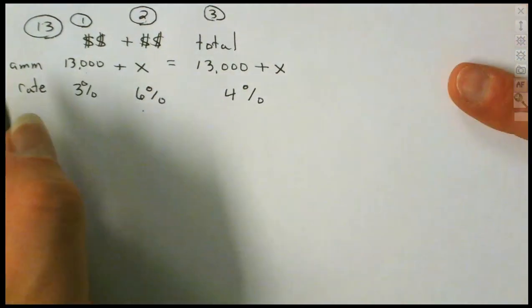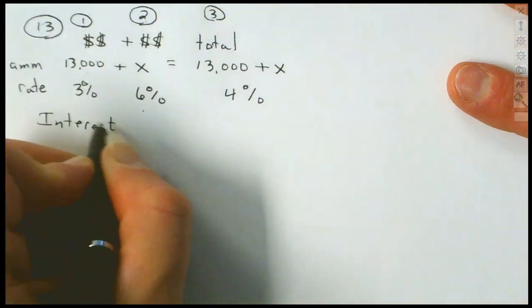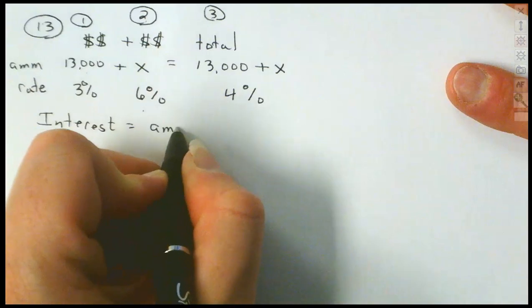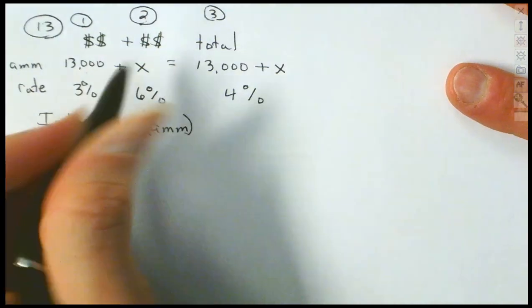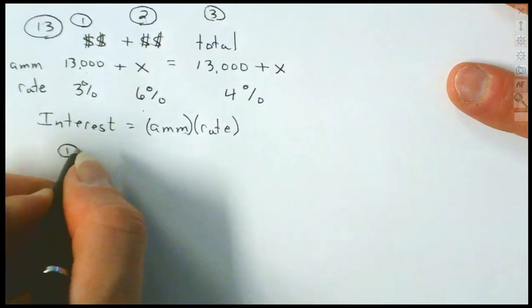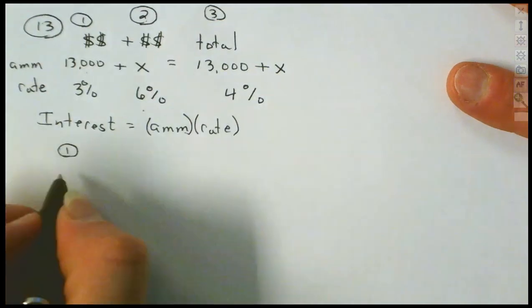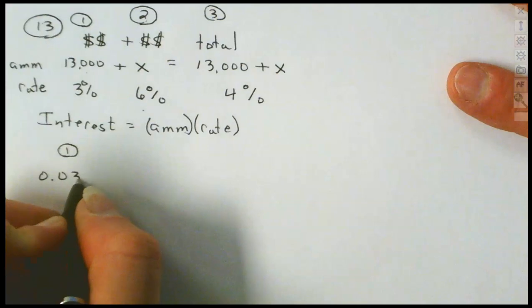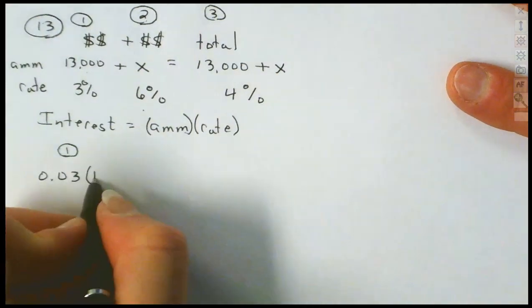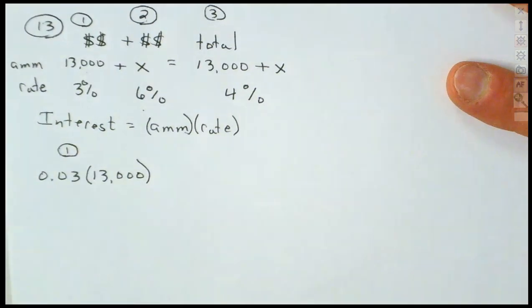Build our equation from the interest, and your interest is the amount again times the rate. Part number 1, 3%, that's 0.03, $13,000 is our amount of money, right?